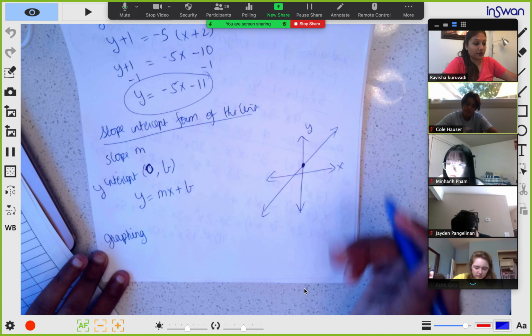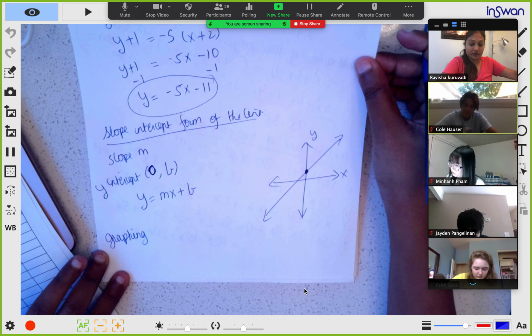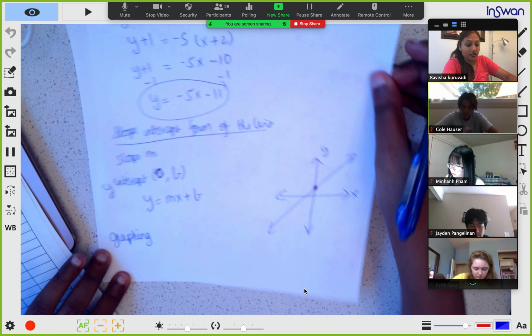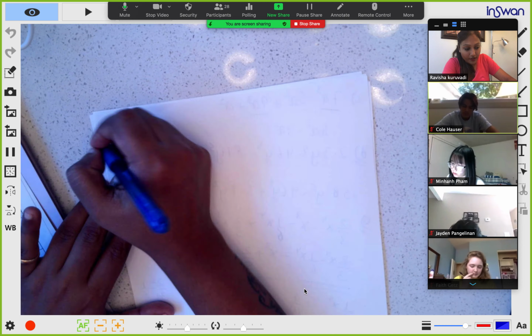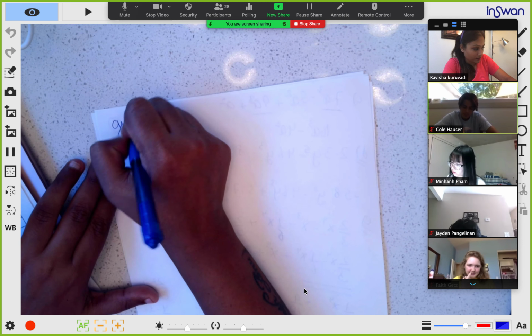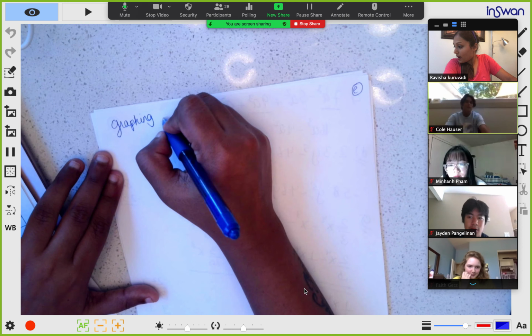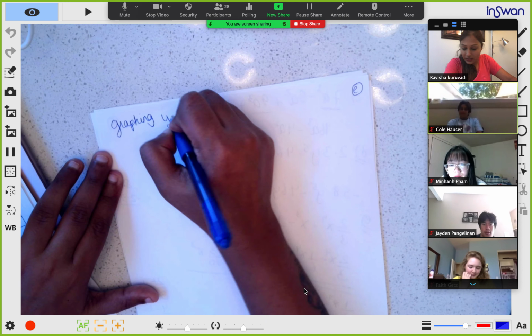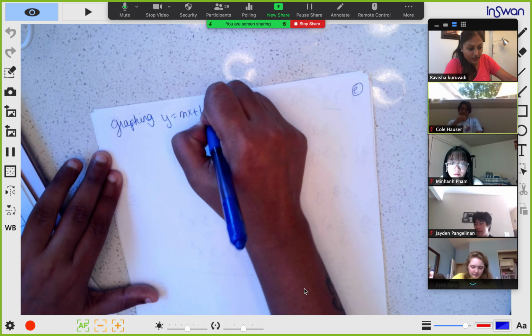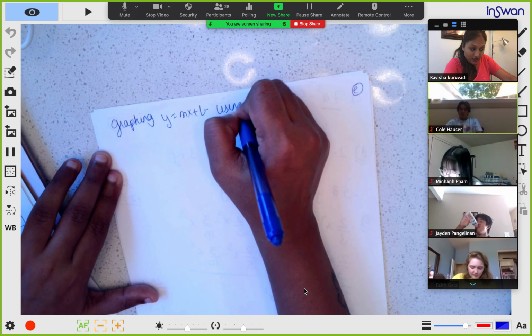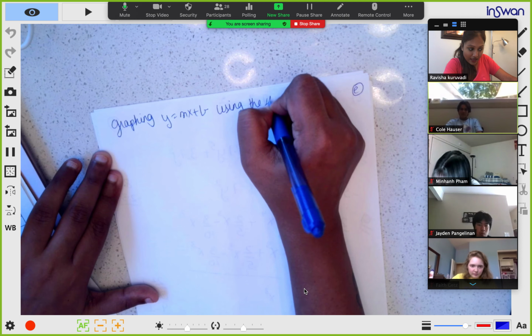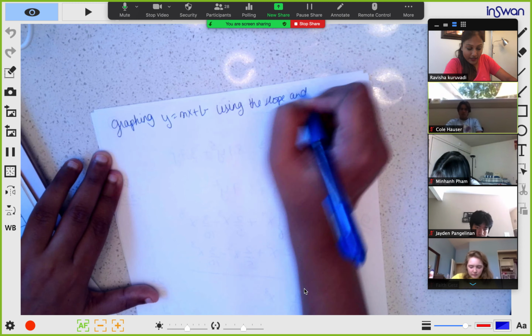So these are the steps. I'm going to write the steps. Graphing y is equal to mx plus b using the slope and y-intercept.